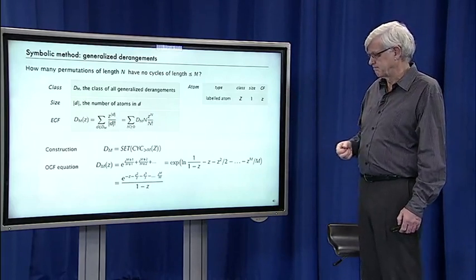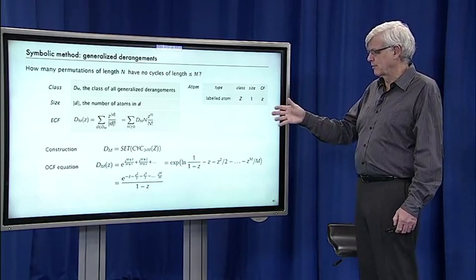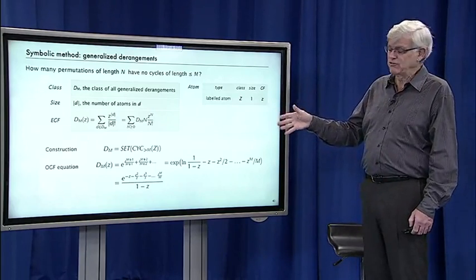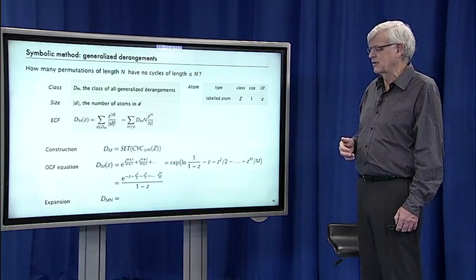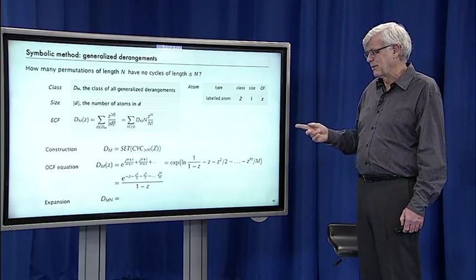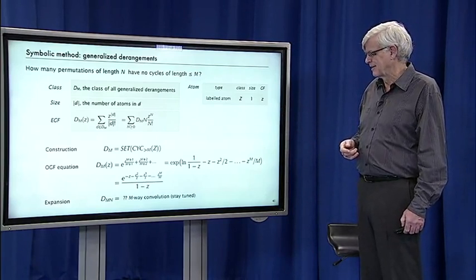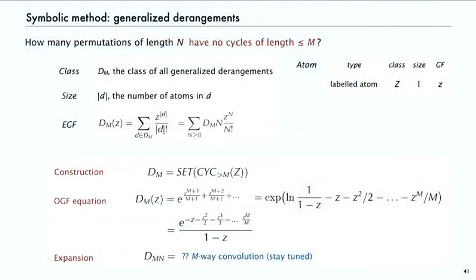So that's the generating function equation. Now to find the answer to this problem, we need to extract coefficients from this equation. Now that one, not so clear. That would be an m-way convolution, and go ahead and try to extract coefficients from that one.